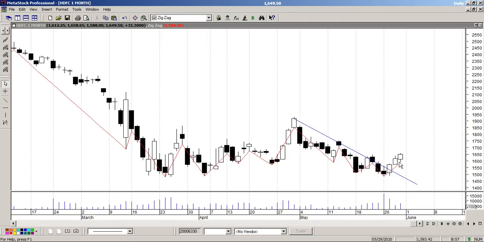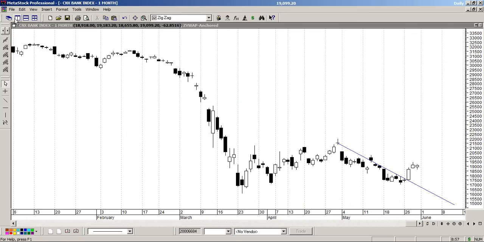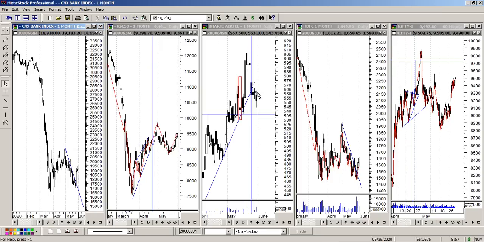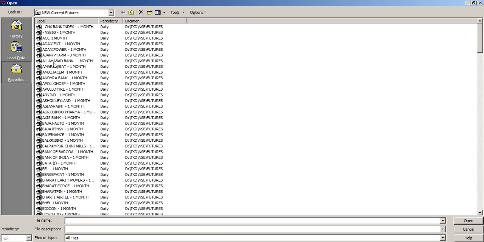If it crosses this and makes a lower low, this will move up. Not HDFC, I was trying to show something else. Okay, bank index, no, bank index was also a trend line. Okay, I will show you a trade of mine. In fact, I'm already in this trade. That should be a disclaimer, right?